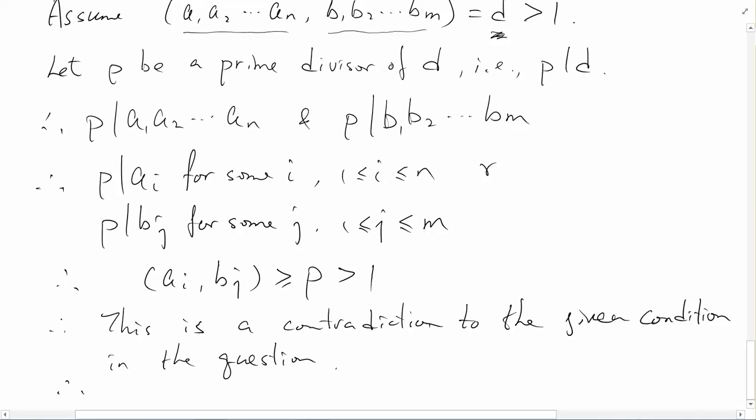What is our assumption? We assumed the greatest common divisor of these two numbers is greater than 1. This is wrong. So, the greatest common divisor of these two products, A1, A2 up to An, and B1, B2 up to Bm, must be equal to 1. They are relatively prime.